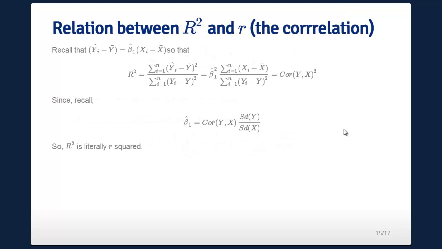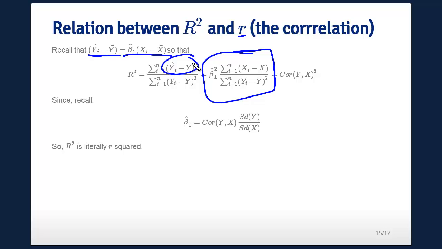So-called R squared. Very briefly, I want to talk about the relationship between R squared and R, which is the empirical correlation between the x's and the y's. Recall that yi hat minus y bar from 2 slides ago is equal to this. If we plug that in here, you can reduce that expression to this, which is exactly the correlation squared.